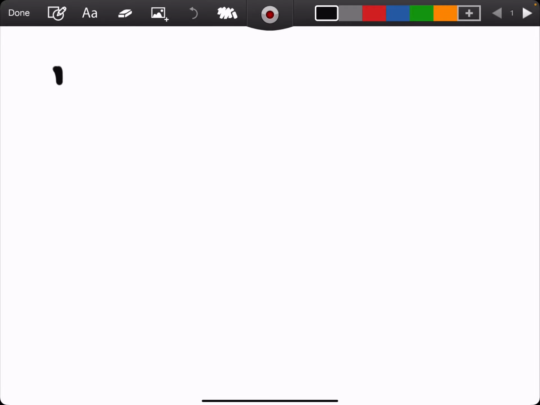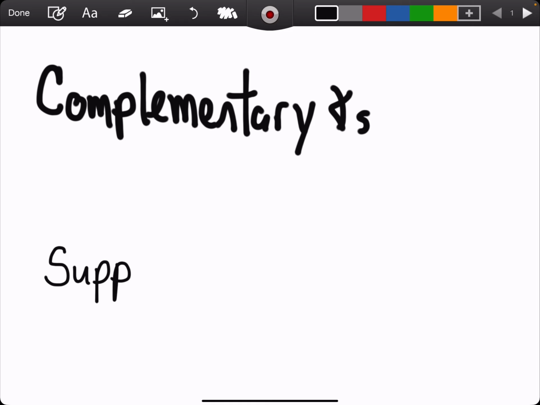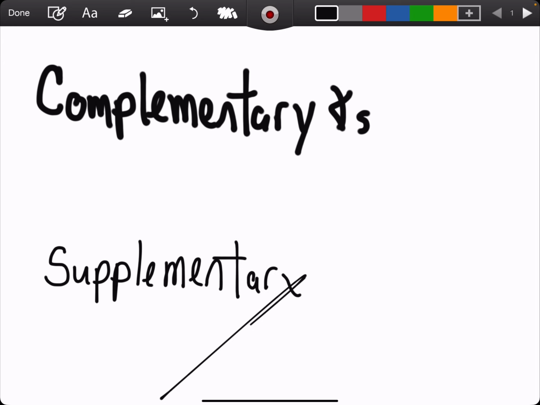So if we start here, we have complementary angles. And here we have supplementary. Sorry. Now, complementary angles are two angles that when they're next to each other, they are going to equal 90 degrees.